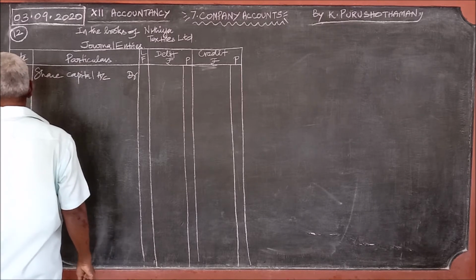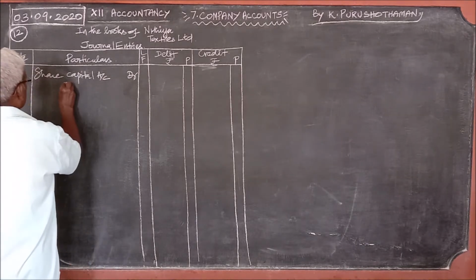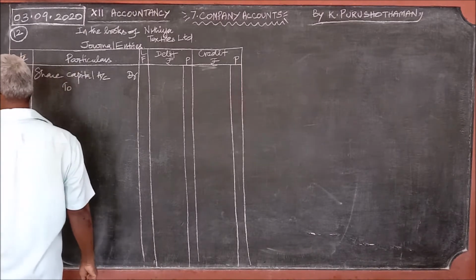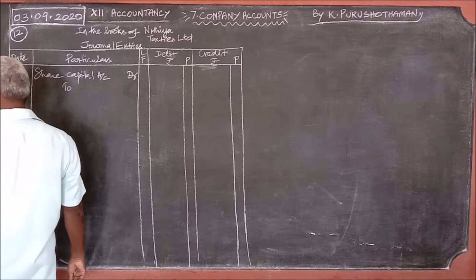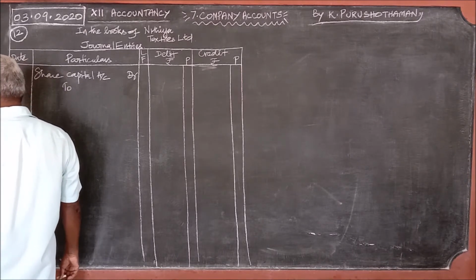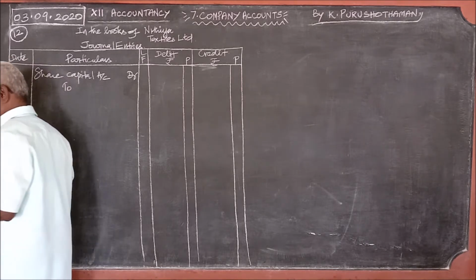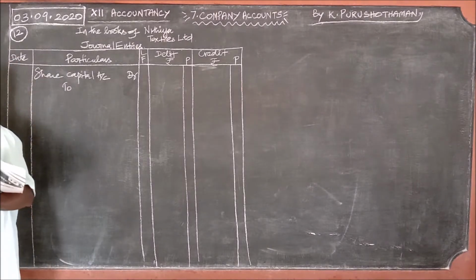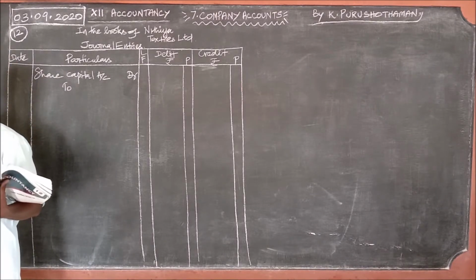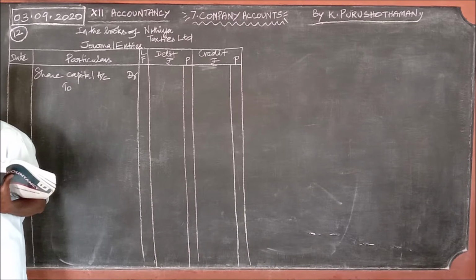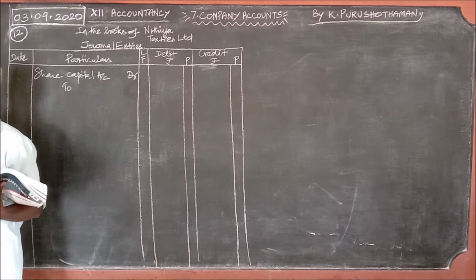For what amount was it not paid? 8 was called, on which the shareholder had paid application and allotment money, rupees 6 per share. Rupees 8 was called. Therefore, only application money and allotment money were paid, that is rupees 6.